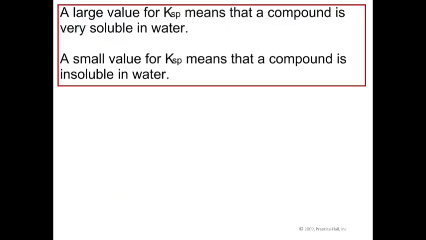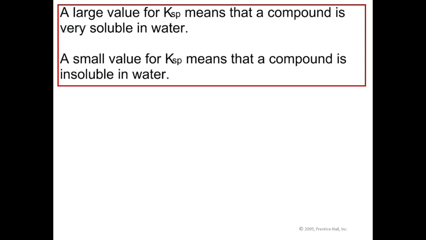All right, the last thing I want us to look at is something we looked at when we looked at the chart at the very beginning. What do these KSPs mean when you're comparing them to each other? Well, it's as easy as this. The large value for KSP means that the compound is, I'm going to say very soluble. These are all going to be insoluble, so I just mark that out.